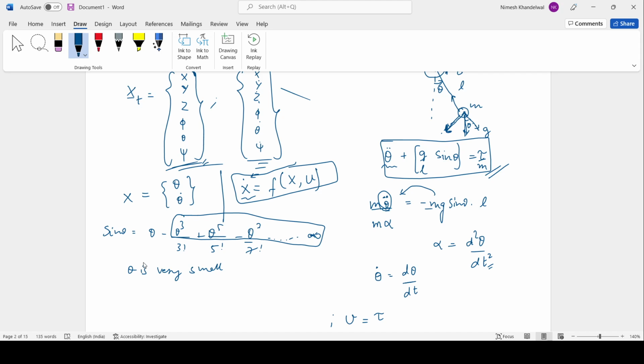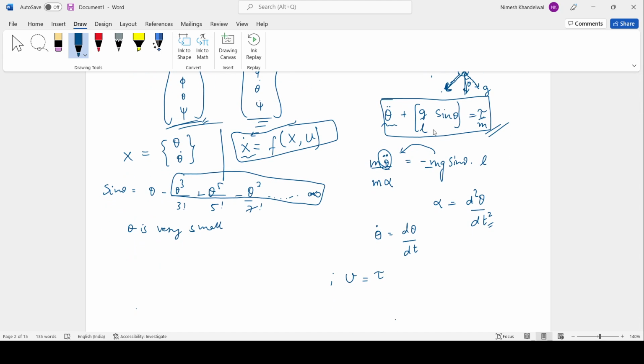Yes, when theta is very small, sine theta approaches theta. So now this equation of motion becomes theta dot equals v, and v dot becomes minus g over l theta plus tau over m.